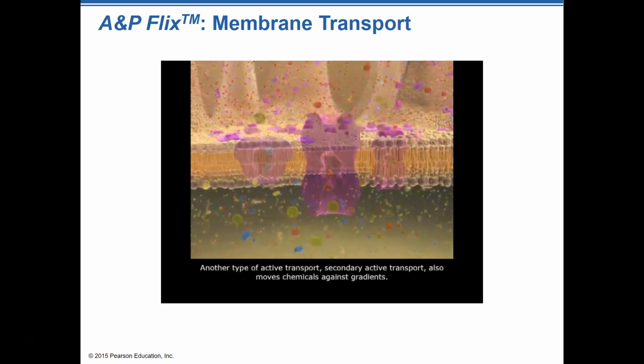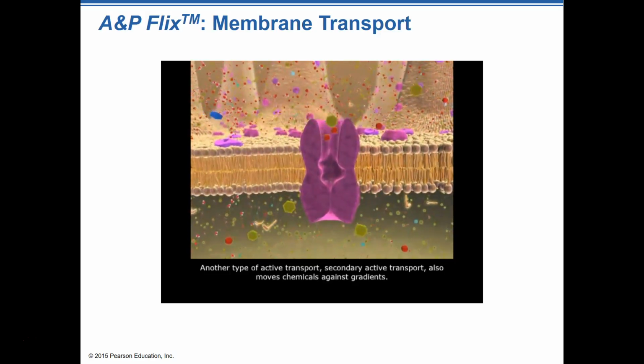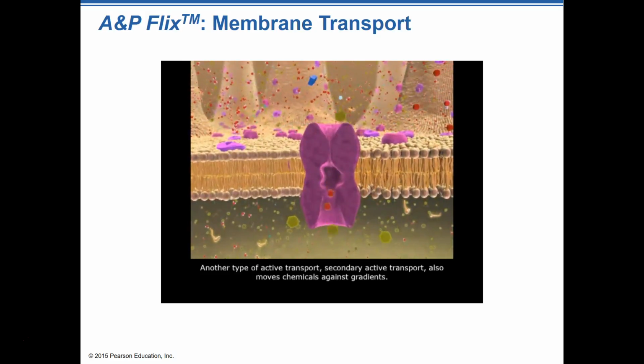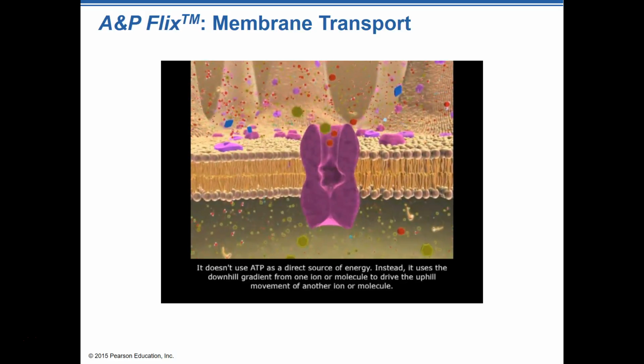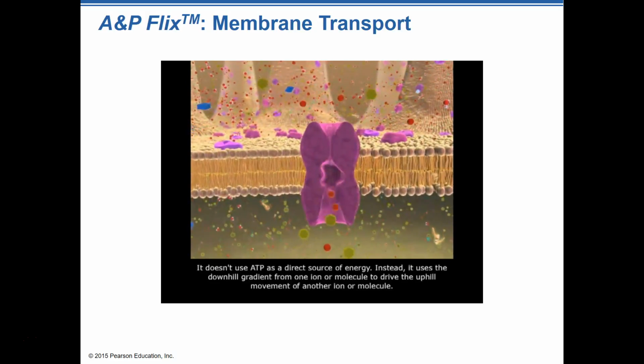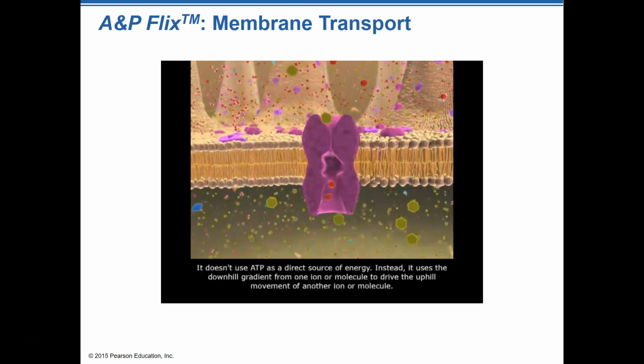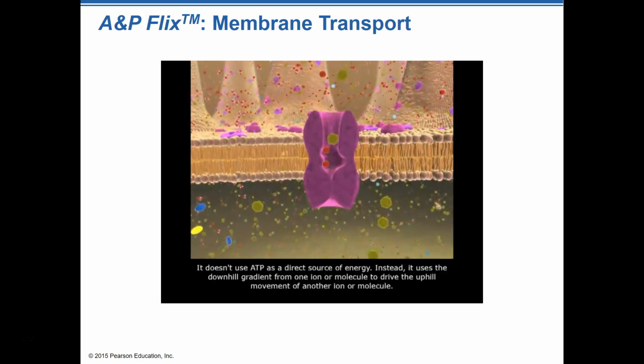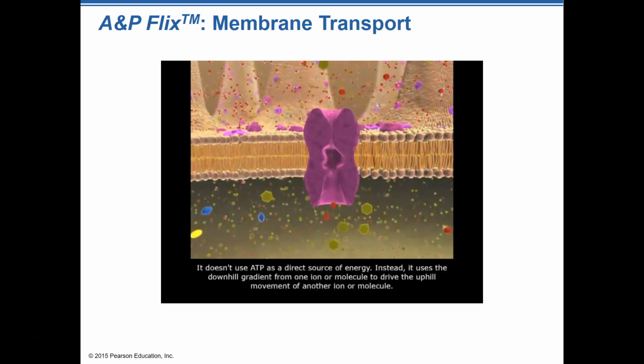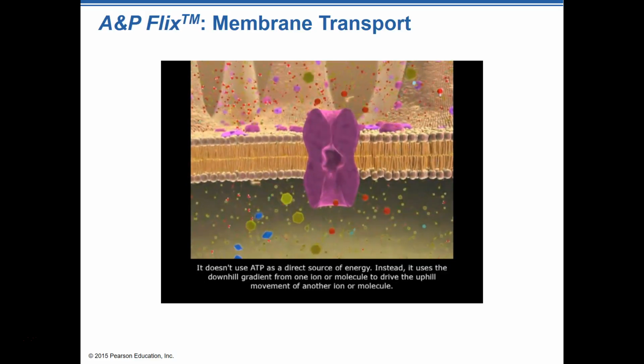Another type of active transport, secondary active transport, also moves chemicals against gradients. It doesn't use ATP as a direct source of energy. Instead, it uses the downhill gradient from one ion or molecule to drive the uphill movement of another ion or molecule.